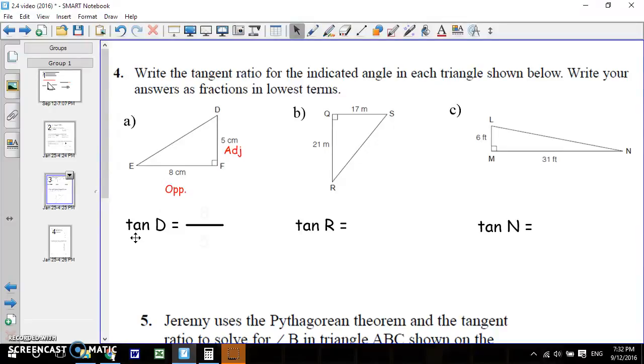If we are looking for the tangent of angle D, the opposite side will be side EF, and the adjacent side will be side DF, which means that tangent D must be 8 over 5. Inspecting 8 over 5, I cannot reduce these two numbers, therefore this is already a fraction written in lowest terms.